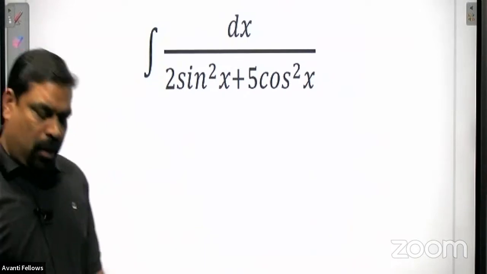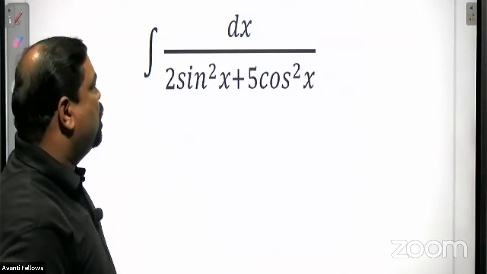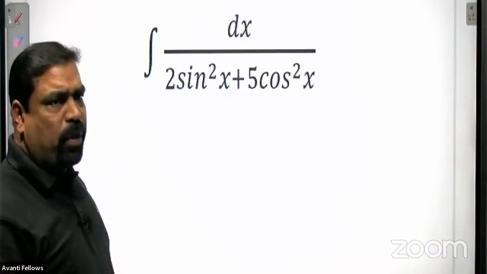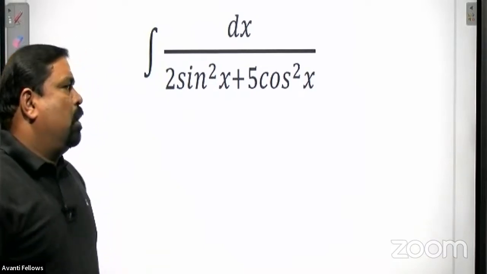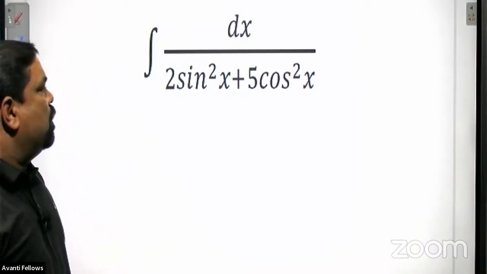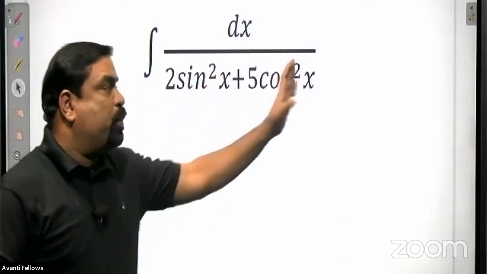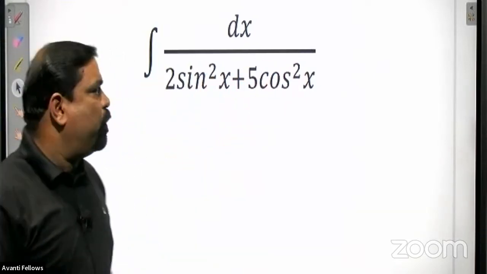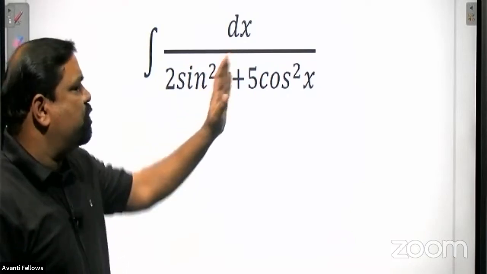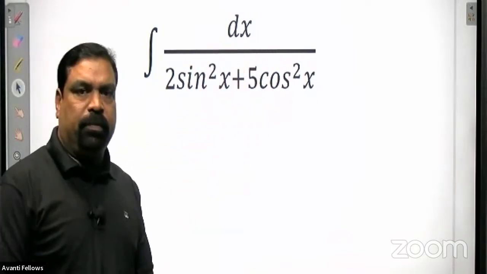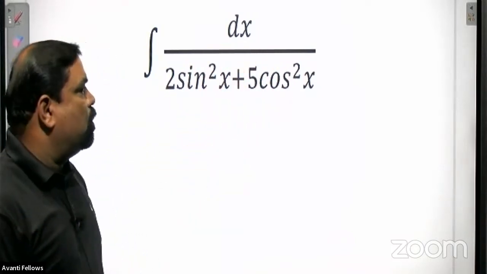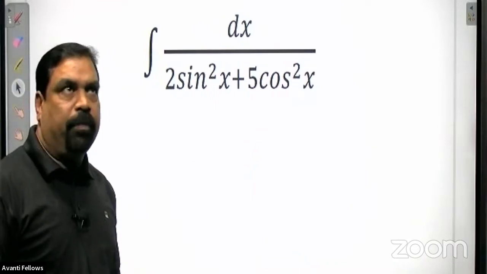Now look at this question. I am choosing some different examples only. Integral of dx upon 2 sine square x plus 5 cos square x. So how to integrate it?